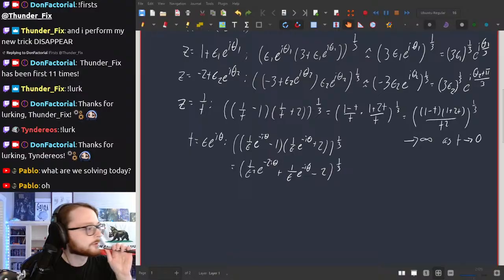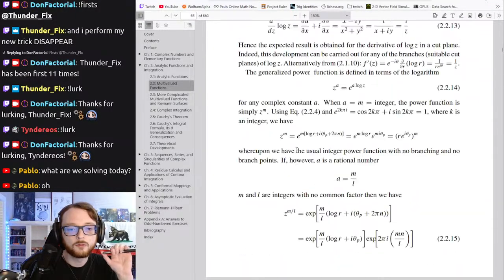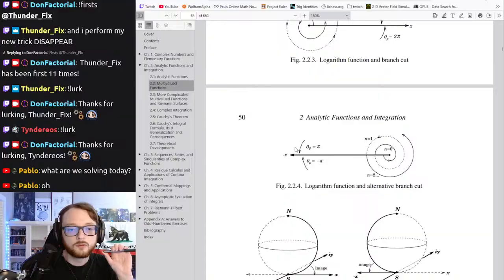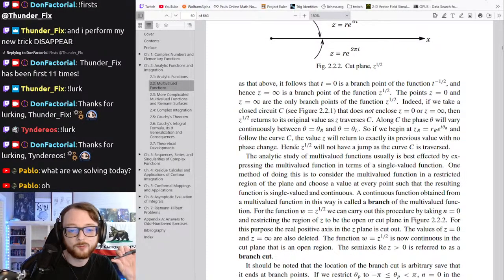Let me look at the book and see how they do it. They start off with an example of root z. How do they justify the branch point at infinity for root z?